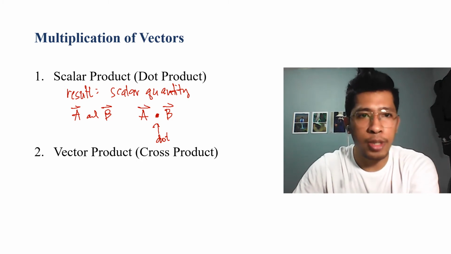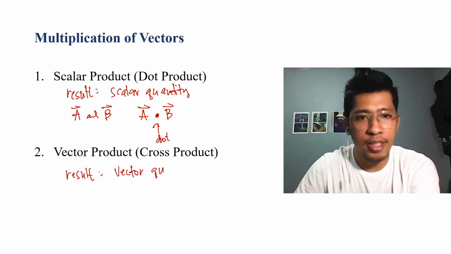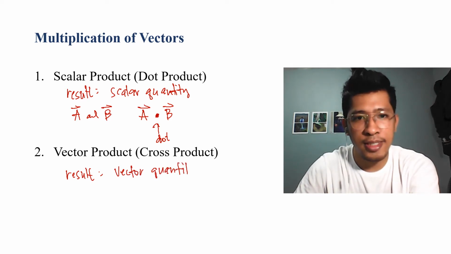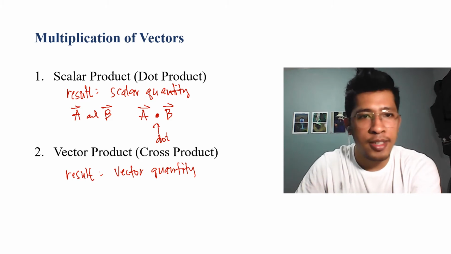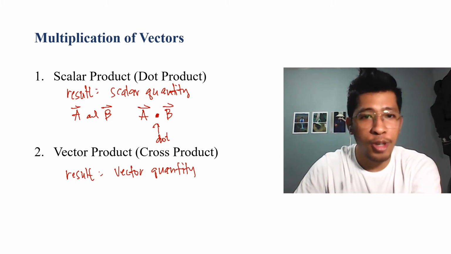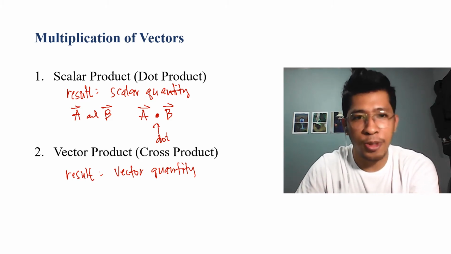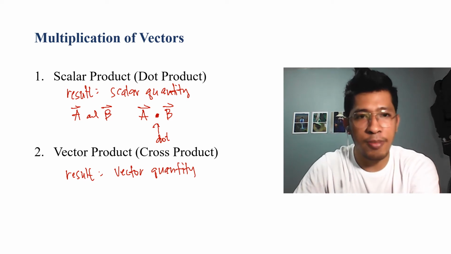Next, your vector product. The result of your vector product is a vector quantity, so it's just easy to remember. Your vector product is also called a cross product, again because of the symbol.